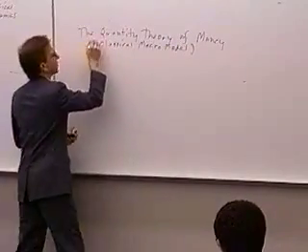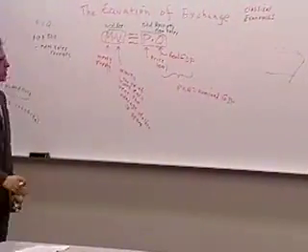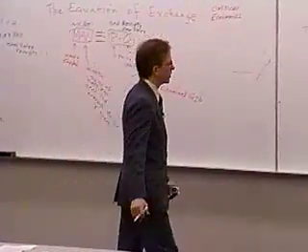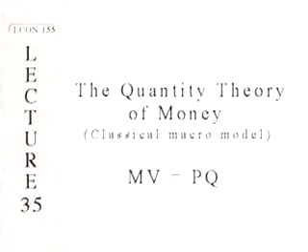And this is the macroeconomic model of the classical economists, this quantity theory of money. They use the equation of exchange. Here's what they do. Let's write it down again. MV equals PQ.